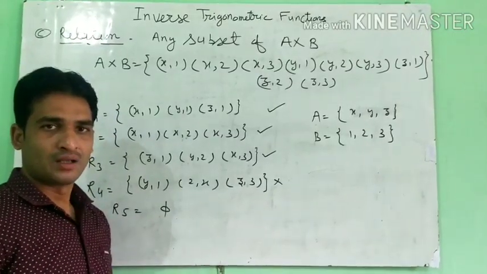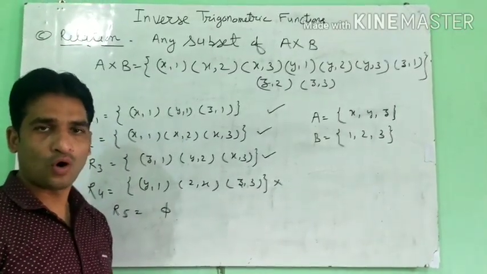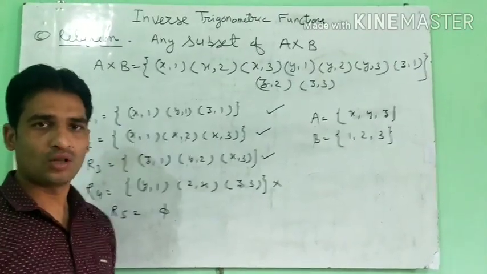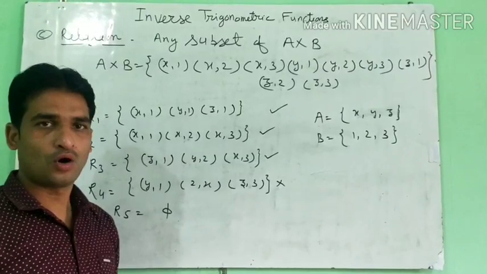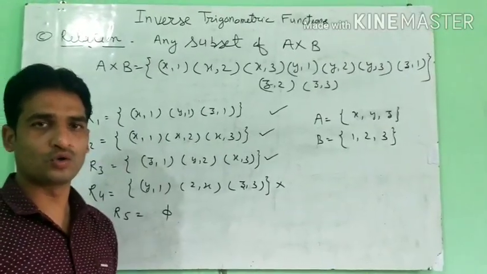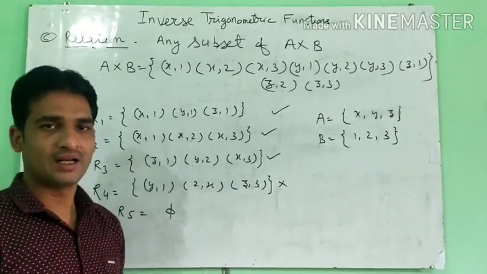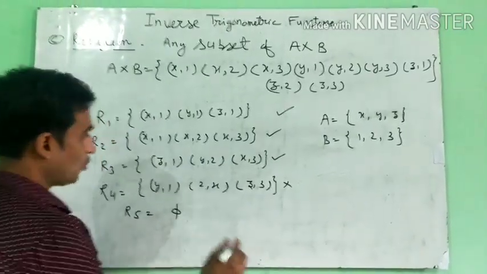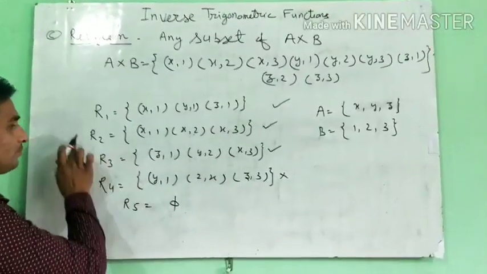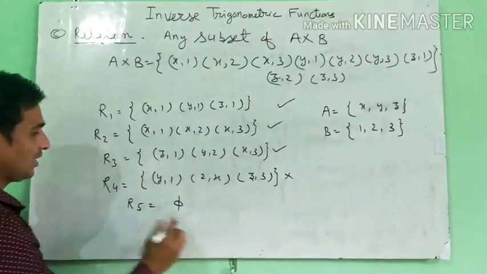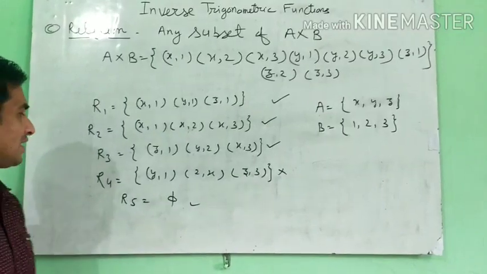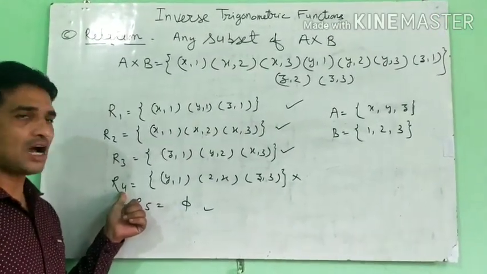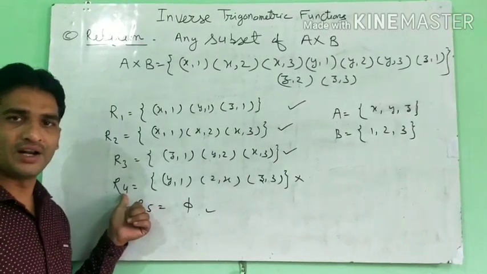If the first elements of all ordered pairs belong to the first set and the second elements of all ordered pairs belong to the second set, then it is a relation, otherwise not. Therefore, R1, R2, R3 and R5 are relations, while the set R4 is not a relation.